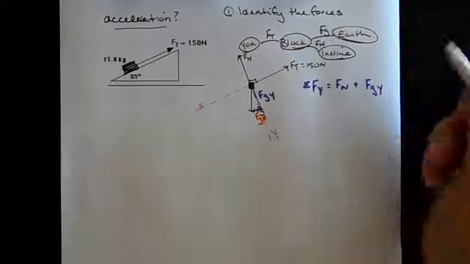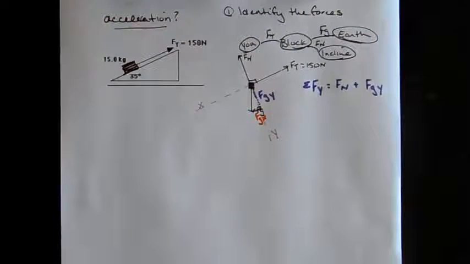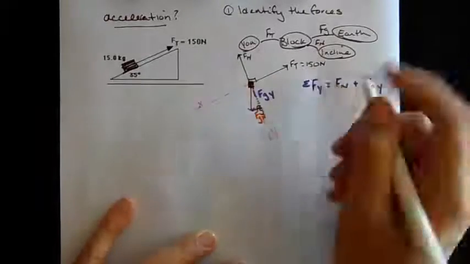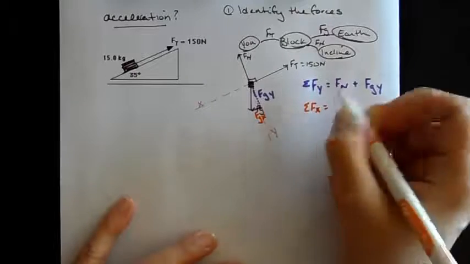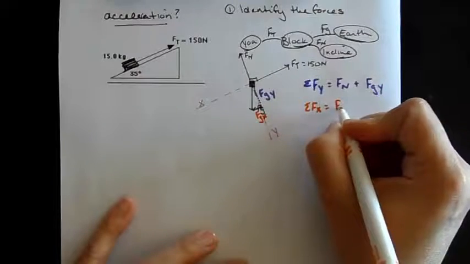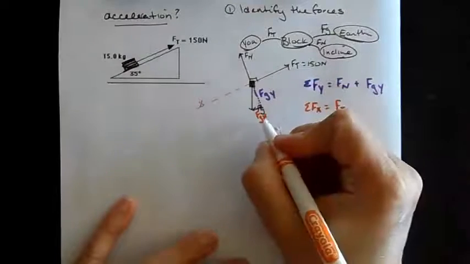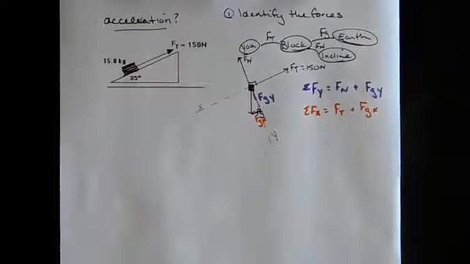Okay. Those are the only two things acting in the y direction. Now if we look at our x, okay, and the sum of our forces in the x direction, sigma Fx, we have our tension force in our x direction, and we have the gravity x component.